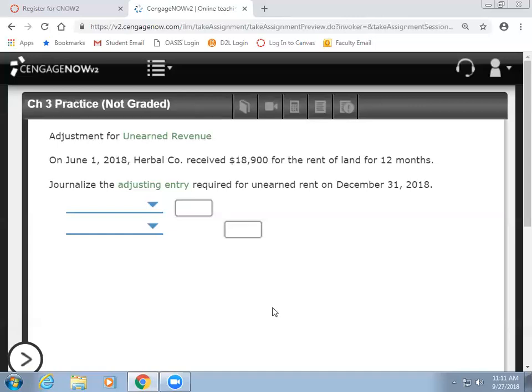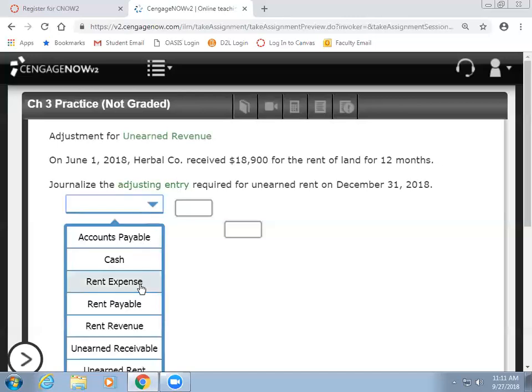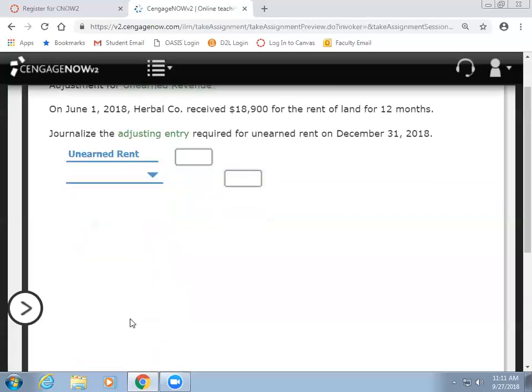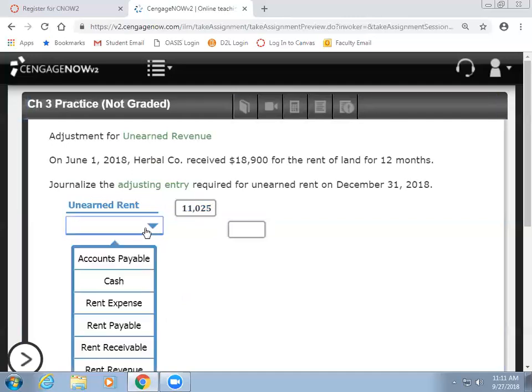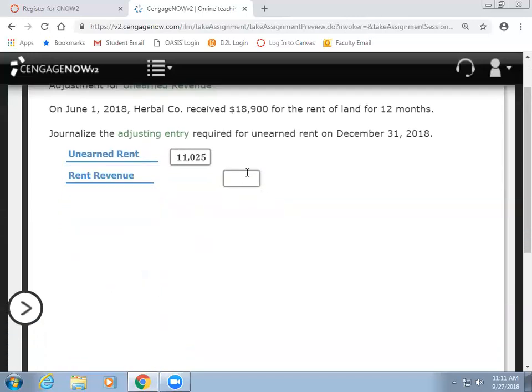So $11,025 is debited to the unearned rent, which is our liability account. $11,025. And we're going to credit rent revenue. Okay, we're going to credit rent revenue. So the unearned rent gets debited $11,025.